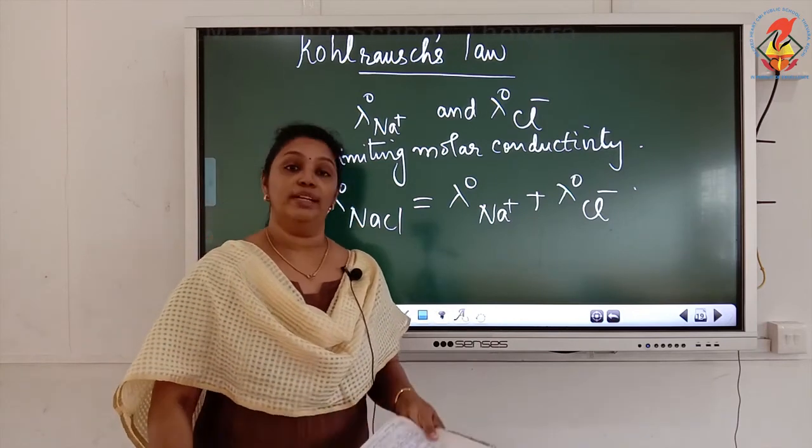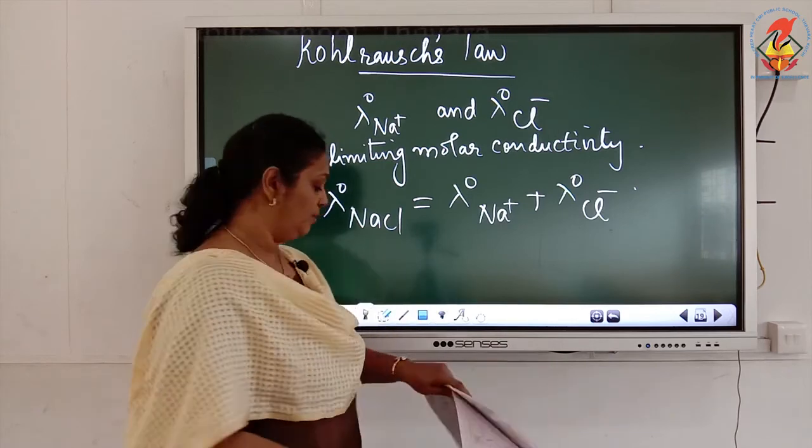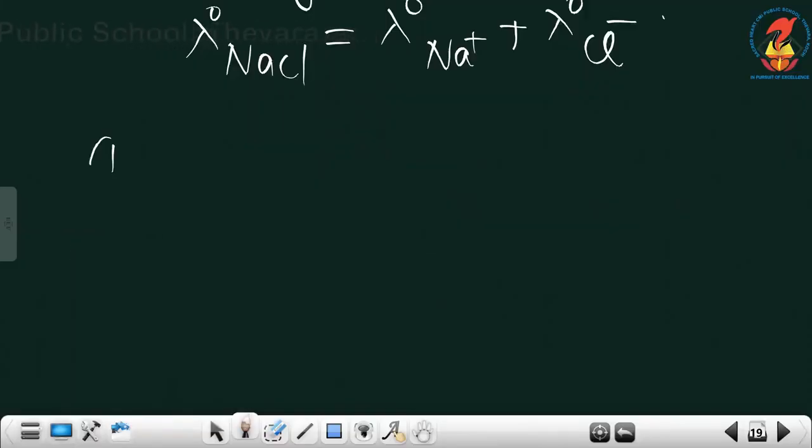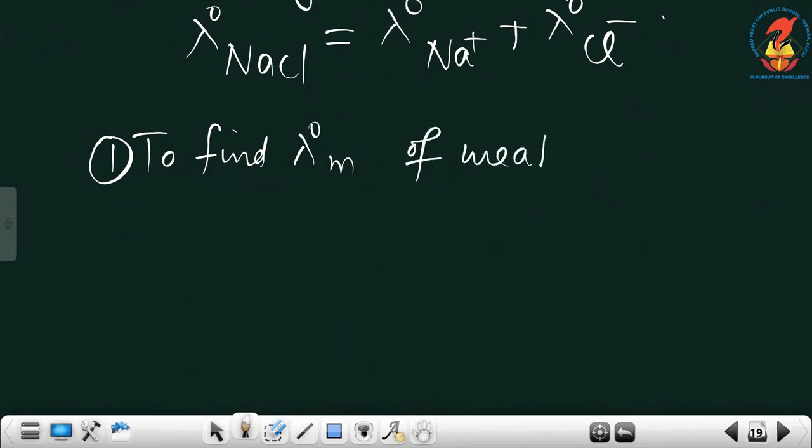Now let us see the applications of Kohlrausch's law. The first application is to find lambda naught m of weak electrolytes.